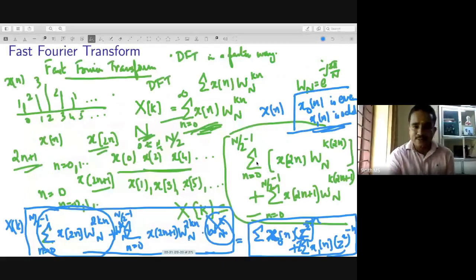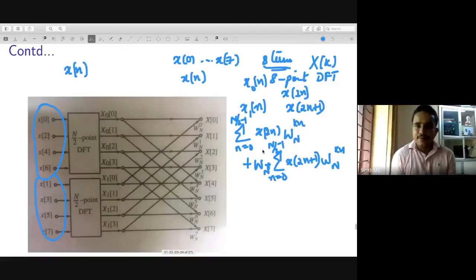W_N raised to k is here, multiplied by this term. Okay, so this is basically what you have here, your X(k).